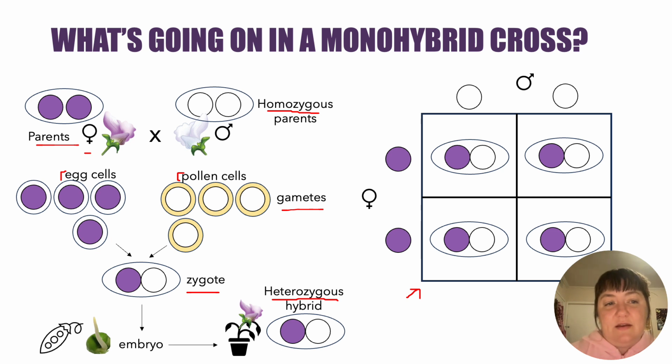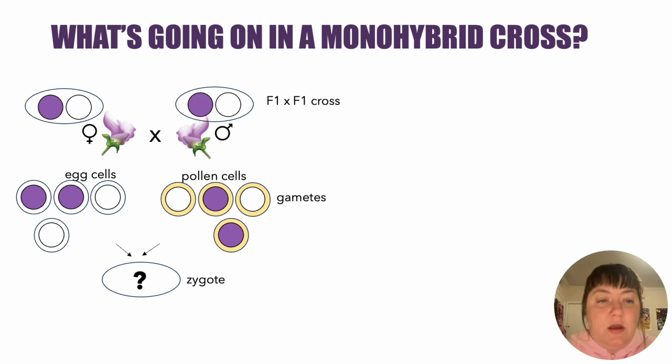Okay, all right, so let's take it to the next generation. In an F1 by F1 cross, where you have two hybrids that you're crossing, or it could also be the same hybrid self-pollinating, where the same flower acts as the male and female parent, it's going to be the same result here.